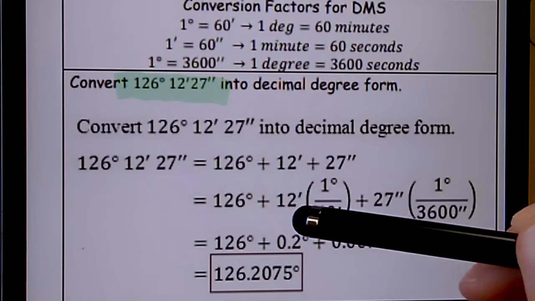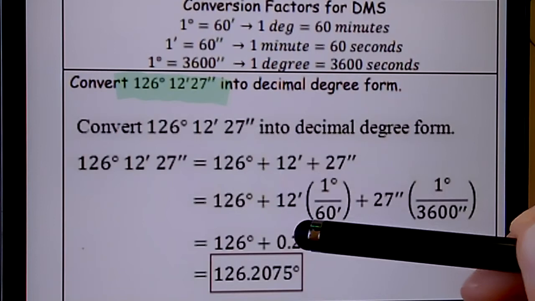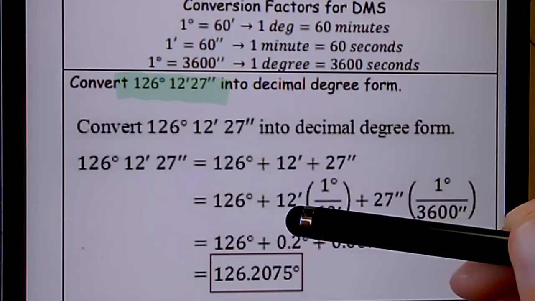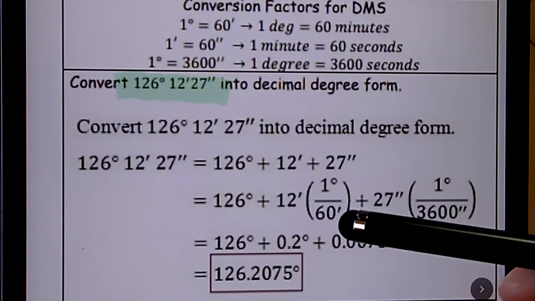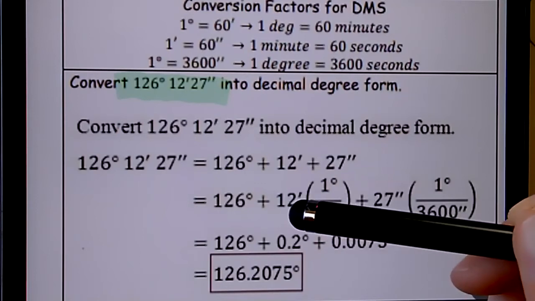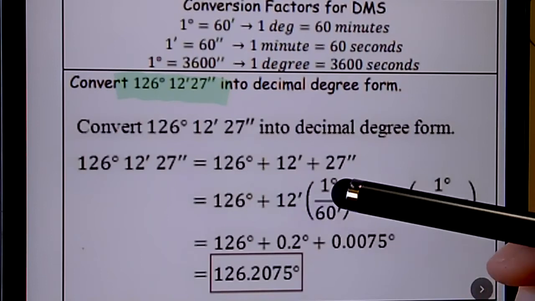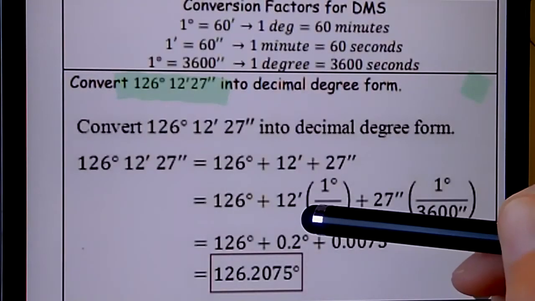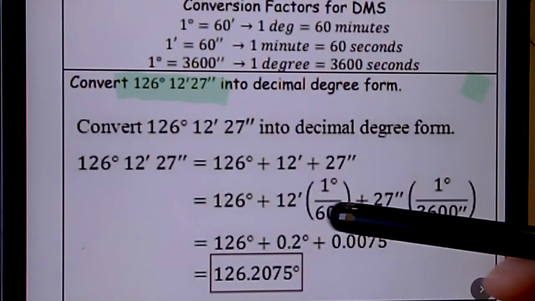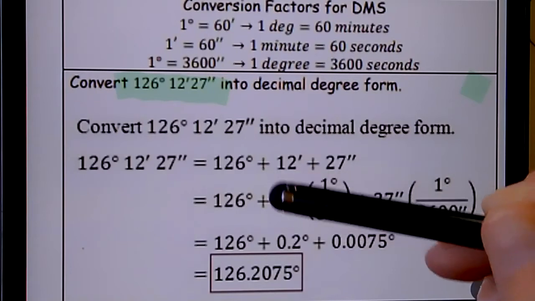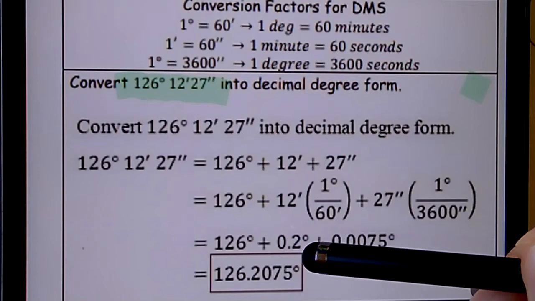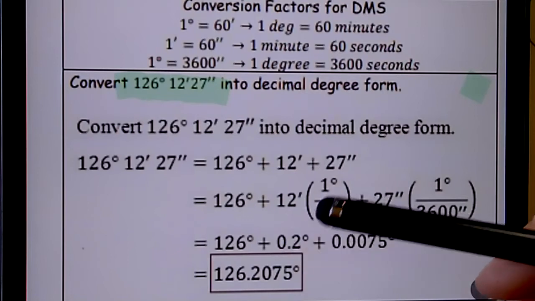Now, this 12 minutes is not a full degree because 60 minutes makes up a degree. So what part is it? I'm going to take 12 minutes times 1 degree over 60 minutes, or 12 minutes over 60 minutes, and that gives me a fraction. When I put 12 over 60 in my calculator, I get 0.2. So it's 0.2 degrees. That's what this piece is.